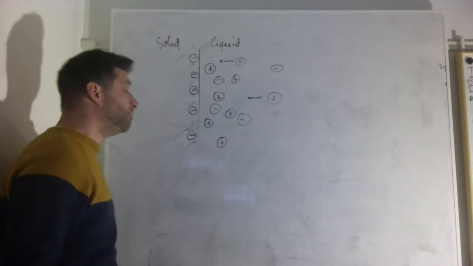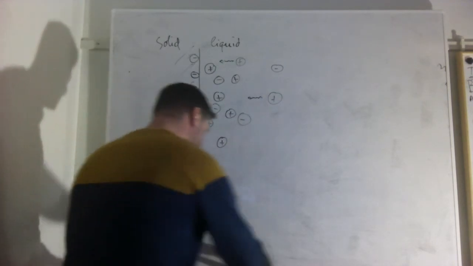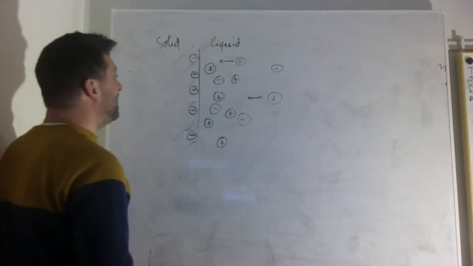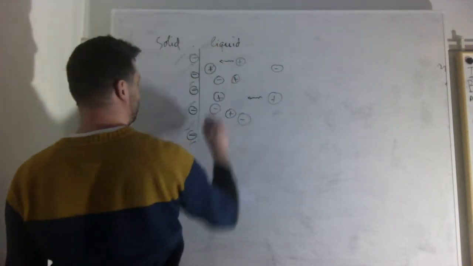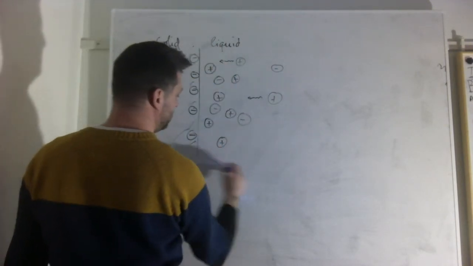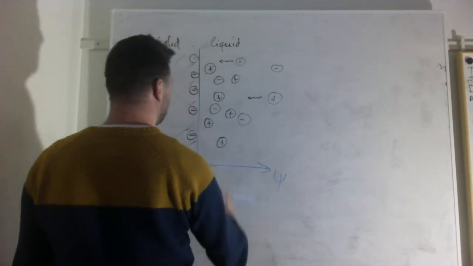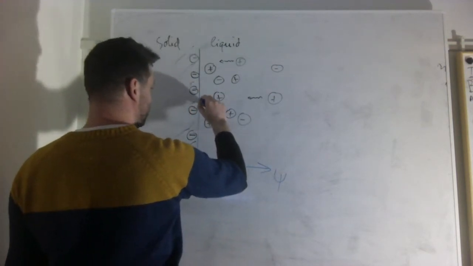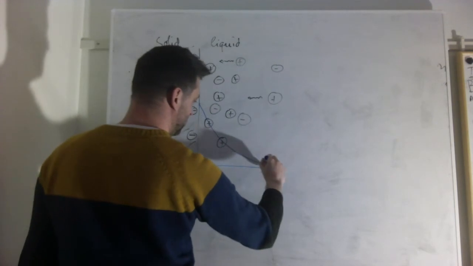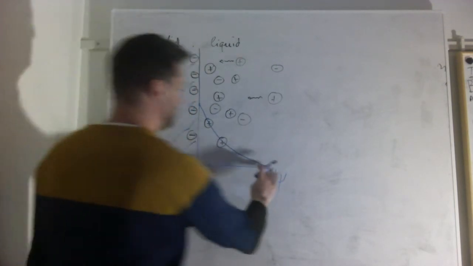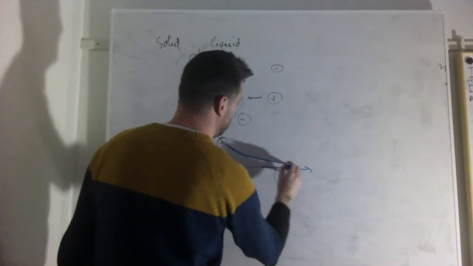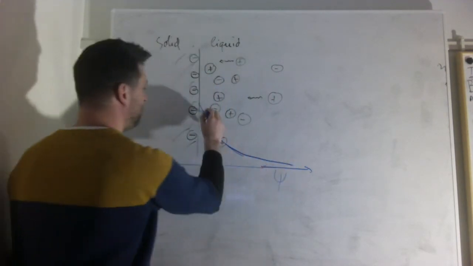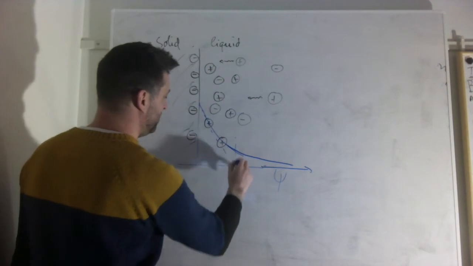If you do the physics behind that, you will see that I get a potential field that stretches out here. I call that phi. That potential field looks like an exponential, typically with some exponential decay.